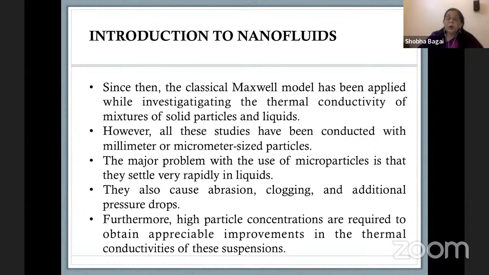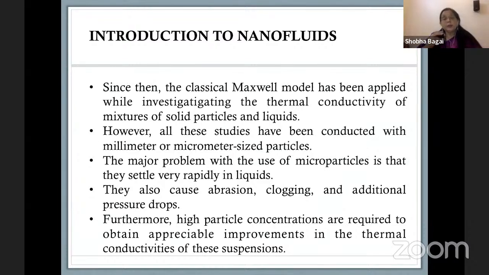And in order to have a significant effect on the thermal conductivity of this suspension, the concentration of these particles had to be very high. A high concentration means the proportion of solid particles had to be large.